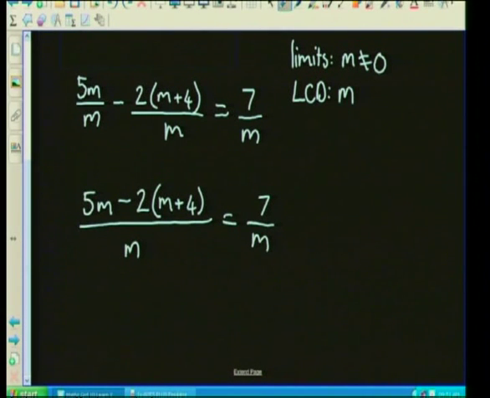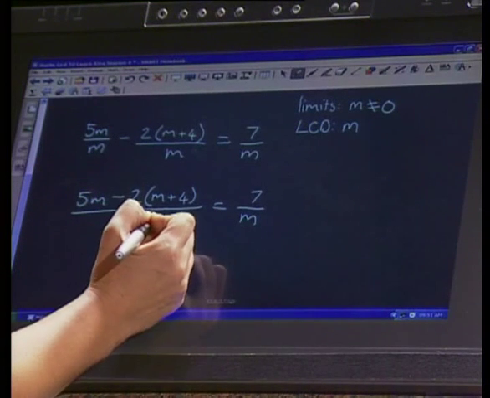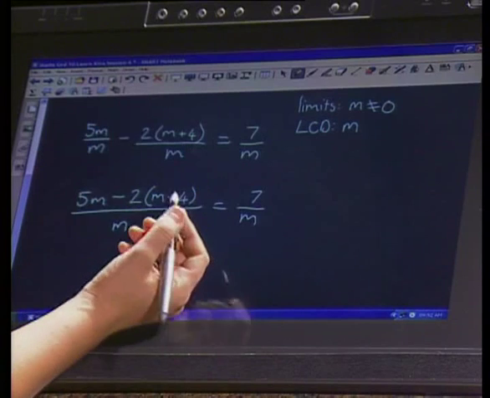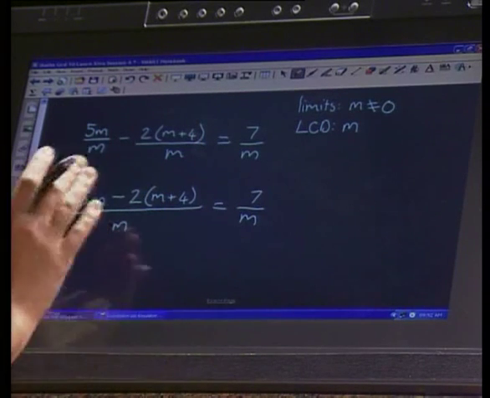You'll notice that I haven't multiplied out the brackets yet. Now the reason I haven't done that is because this minus needs to be multiplied into the brackets as well. And often that gets confusing when you're trying to deal with the denominator and then trying to do the brackets as well. It's best just to do one thing at a time.